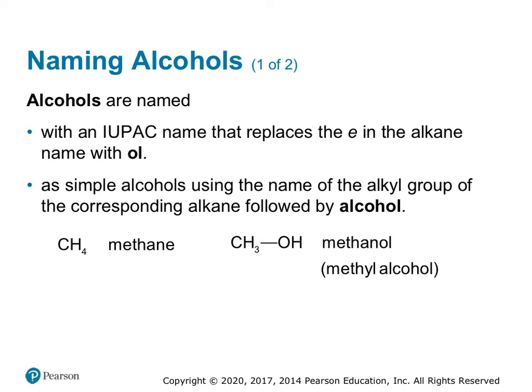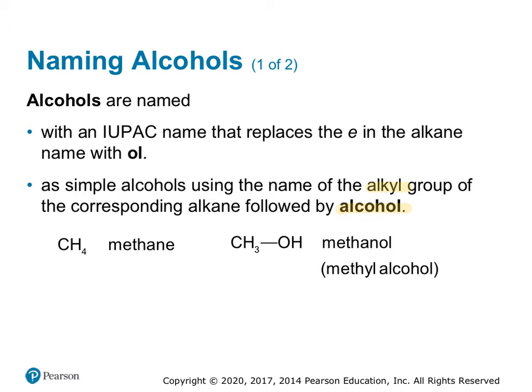Alcohols are named with the IUPAC system that takes the E in the alkane name and replaces it with OL. Some simple alcohols can sometimes be named with the name of the alkyl group followed by alcohol.